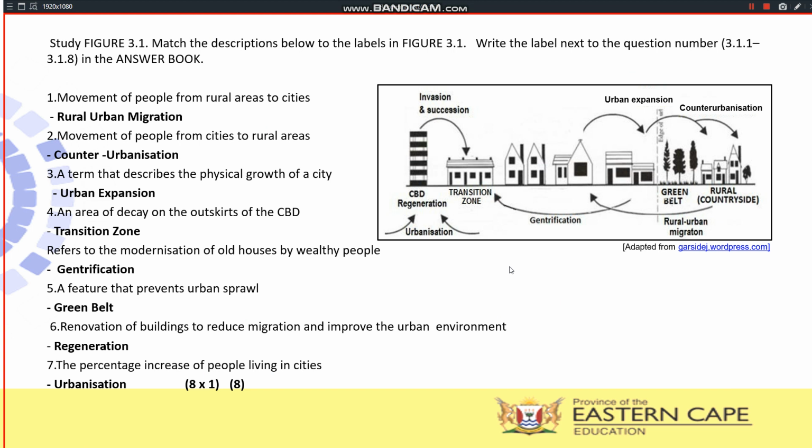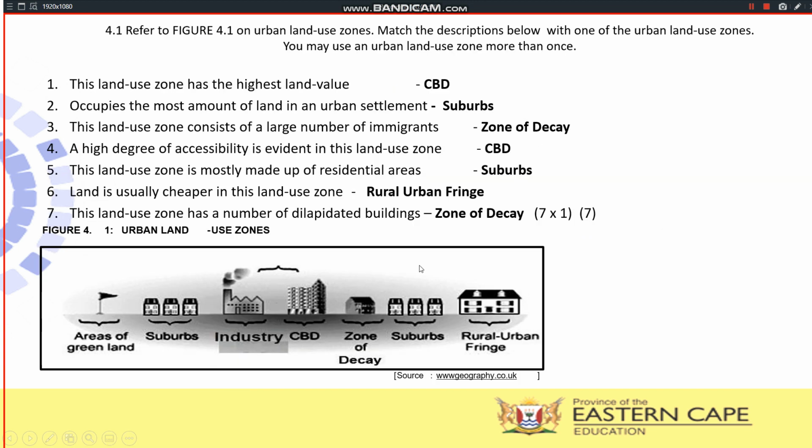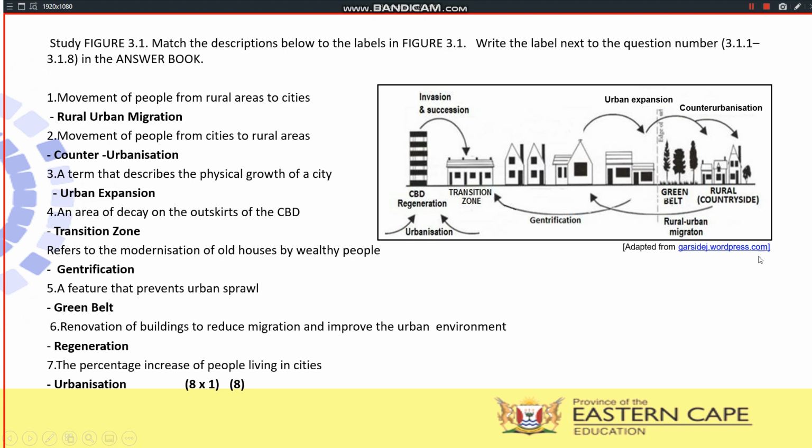Let's look at how these questions can be asked in the exams. Here's a diagram which clearly indicates the structure of a typical urban area. Let's look at some of the questions that can possibly be asked. They can ask, what is the movement of people from rural areas to cities?